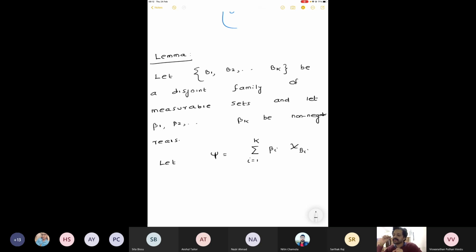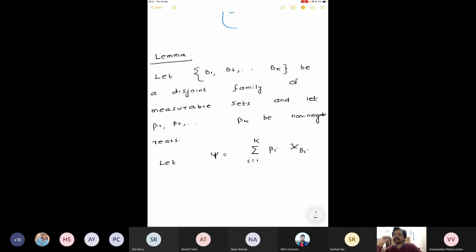However, you cannot assure that this is the canonical form of psi. For canonical form, when you write the summation alpha i chi Ei, the alpha i should be the distinct values taken by the function, and Ei should be the set at which those values are taken. We don't have any such assumption. Beta i need not be distinct.